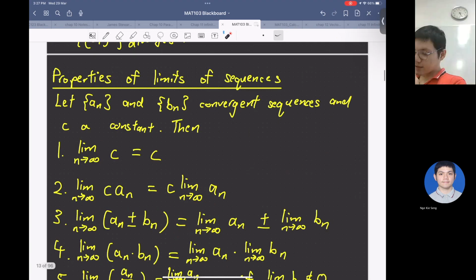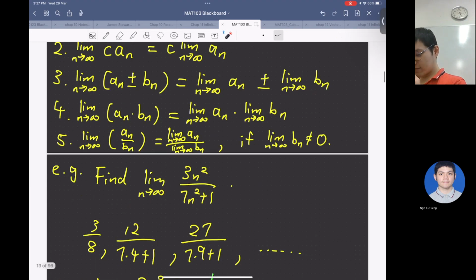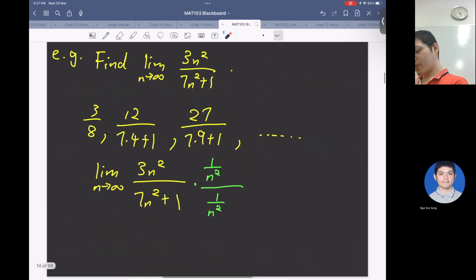But you need to start with convergent sequences. If you put 3n squared, what does it converge to? It diverges. Also 7n squared plus 1 also diverges. So you really can't do much here. But if we modify it, then maybe we can.